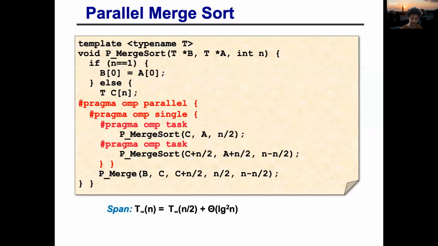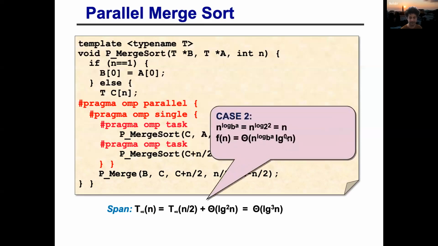almost like the span of merge, because remember the log base. This is not right. The top case needs to go to 1. So log to the base 2 to n.